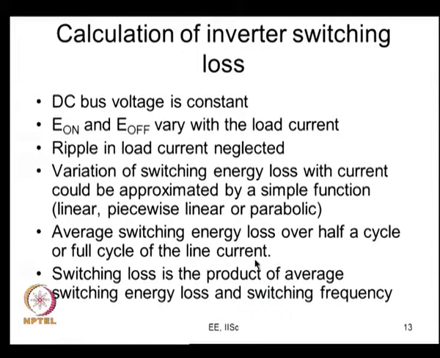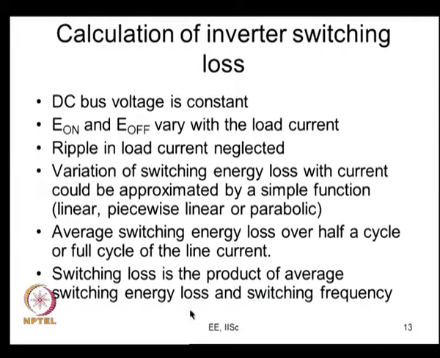That is why you make use of simplifying functions here. Since the switching energy loss is expressed as a function of current, and the current is a function of time or fundamental angle, you can integrate the switching energy loss over one half cycle of the current and take its average value. That average value gives you the average switching energy loss.